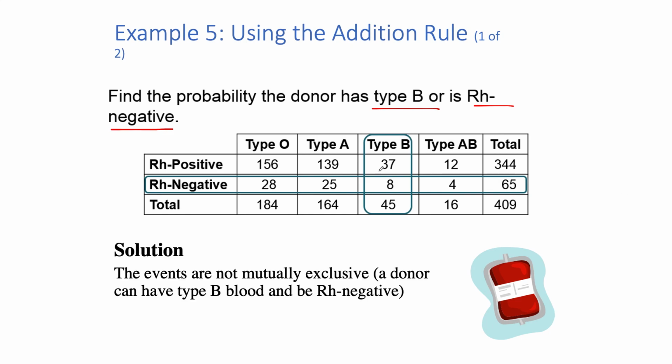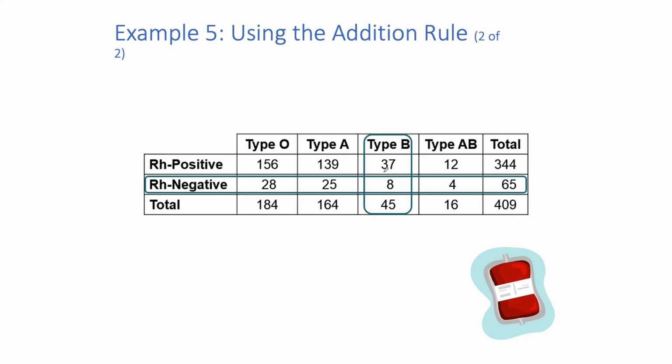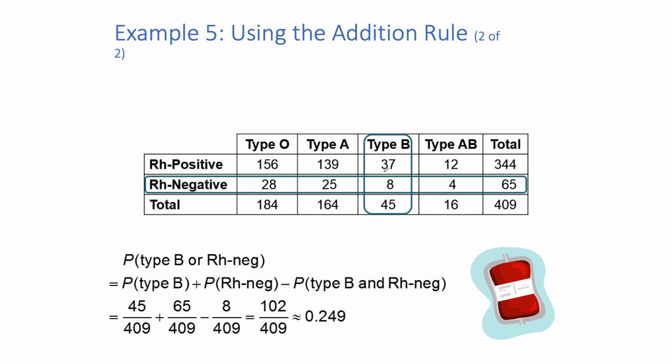The two events are not mutually exclusive because there is a common thing between them. You can have type B blood and still be Rh negative. So 8 of my people in my sample satisfy the conditions of both events at the same time. They're both type B and Rh negative. These two events are not mutually exclusive. So type B or Rh negative.